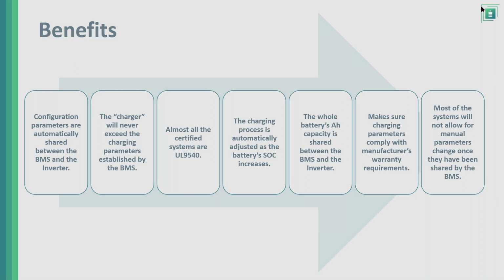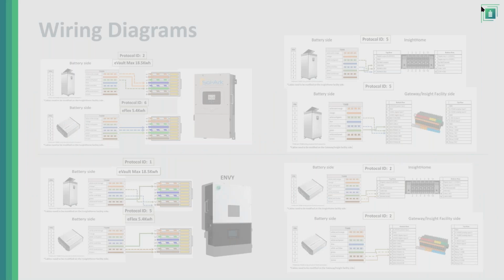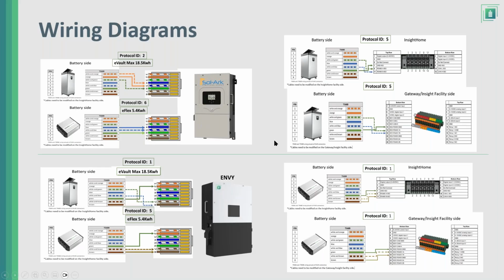So now let's talk about different diagrams and why this is important. Different inverters choose different pins, as I mentioned before, since we're using a Cat 5 cable. Some inverters use some pins depending on the battery, and other inverters simply use different protocols, or they decide that they want to use other pins.